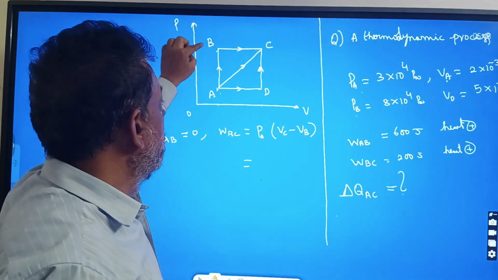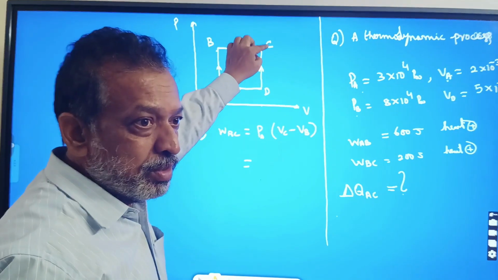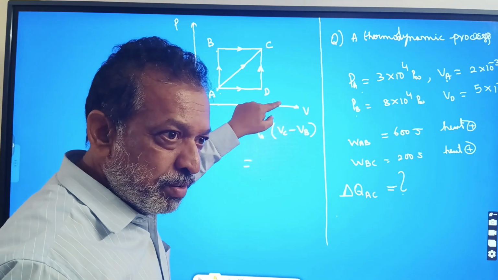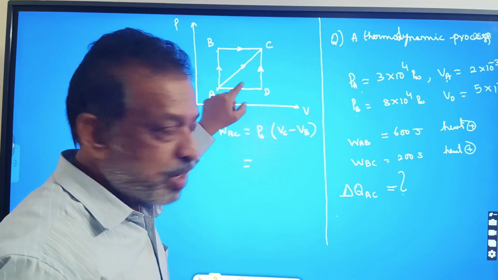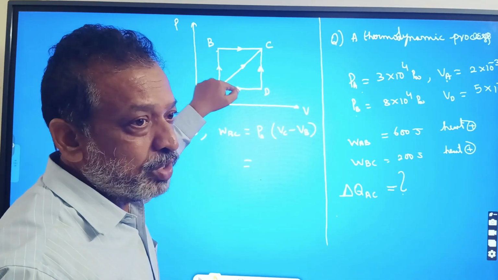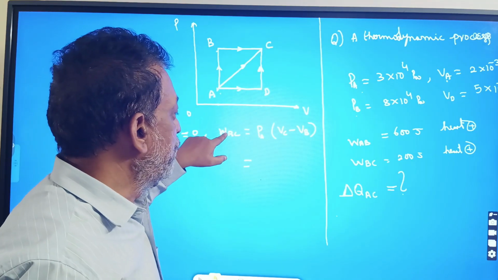But pressure PB is equal to PC, and pressure PA is equal to PD. Constant pressure, because the volume is constant here. Understood?